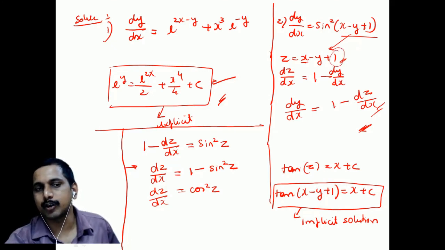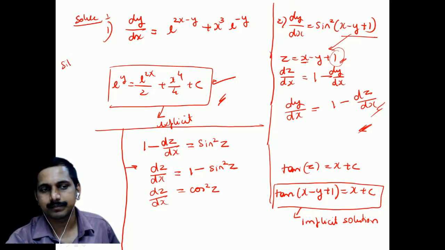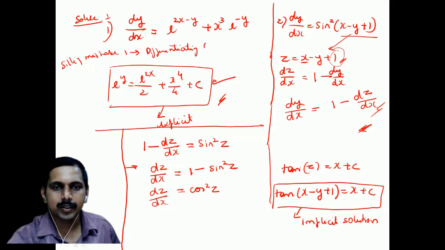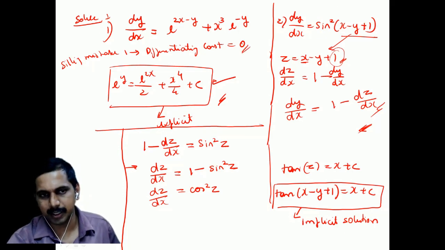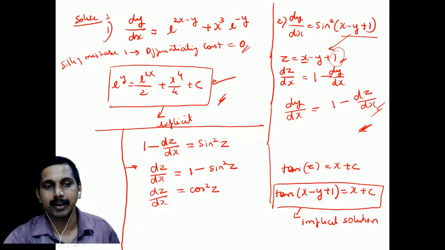That silly mistake we always make. Silly mistake 1: differentiating a constant is equal to 0. Very important. Like that you have to write silly mistakes one by one.